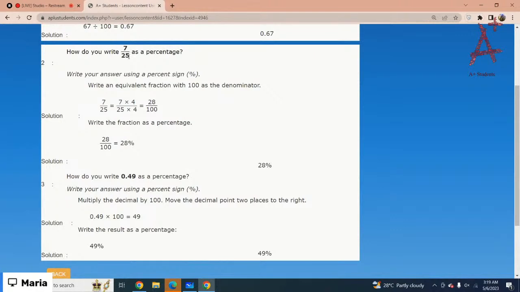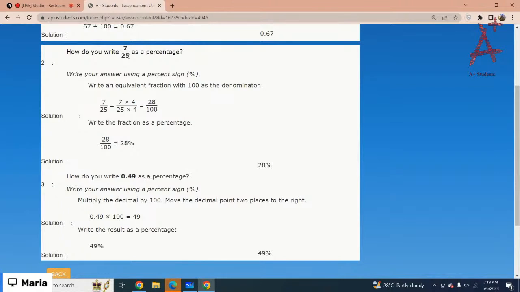Here you have 25. 25 times 4 is 100. So just multiply the fraction by 4. It would be 7 times 4 and 25 times 4. Because 25 times 4 is 100, you need to multiply the fraction by 4. It would be 28 over 100. That means that is 28%.